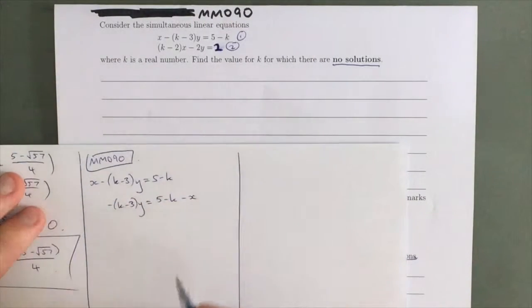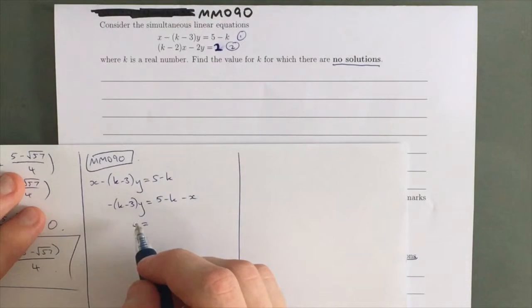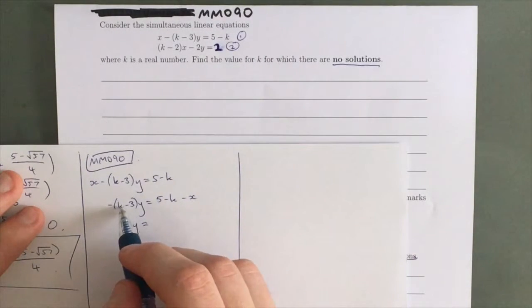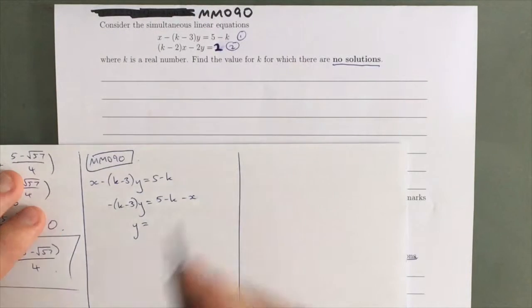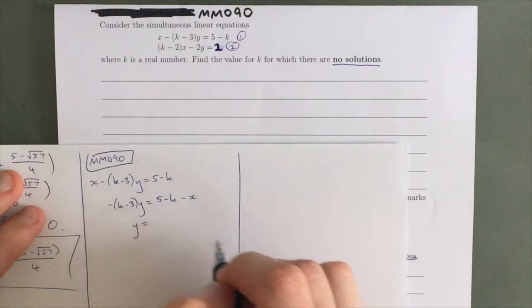So we just take that x onto the other side. And to get y by itself, we divide everything by negative (k minus 3), which is the same as (3 minus k). So I'm going to put this x at the front so that we can have it in the mx plus c form.